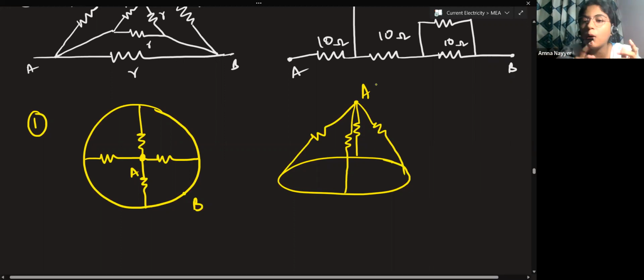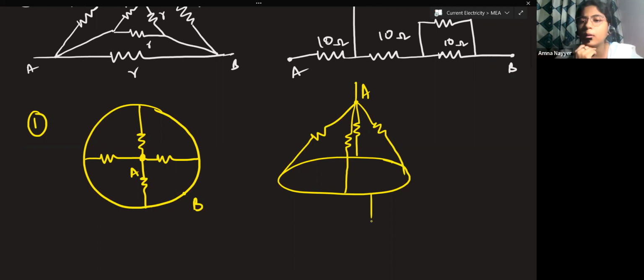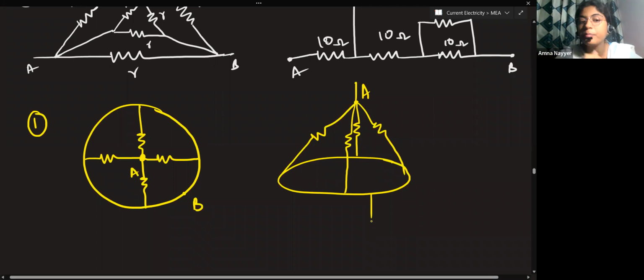Now, can you see all four are connected at one point? Here is one wire and here is the other wire, which means all four are connected directly in parallel. There's no need to even do calculations. What did I tell you? Whenever all the resistors are equal, divide by the number of resistors present. How many resistors are there? Four resistors.